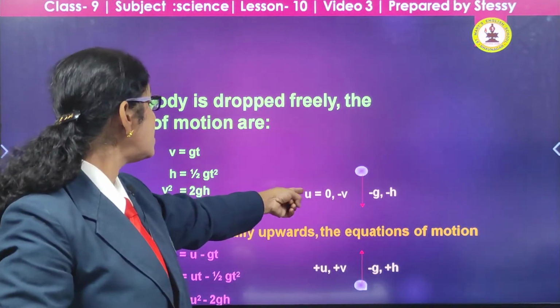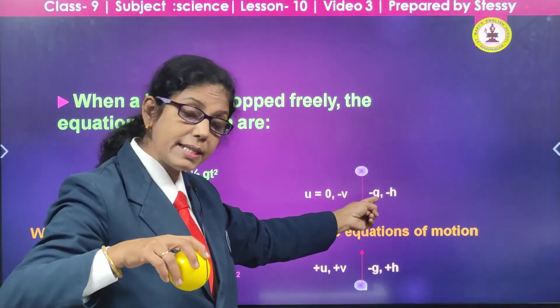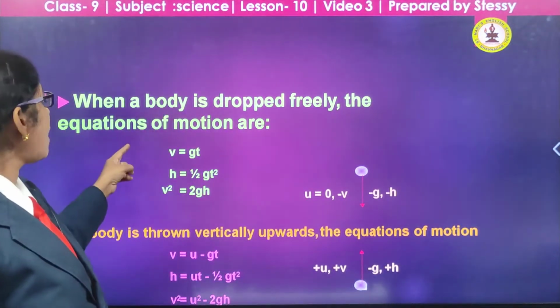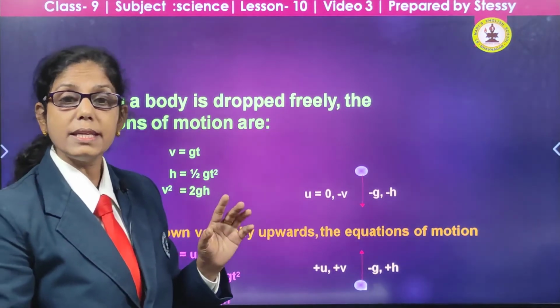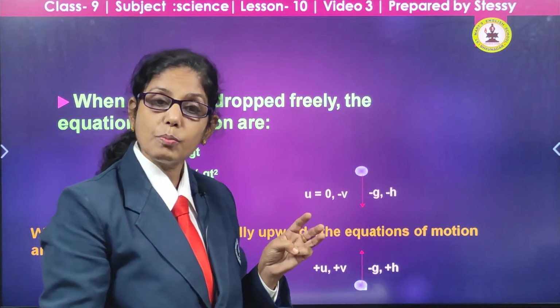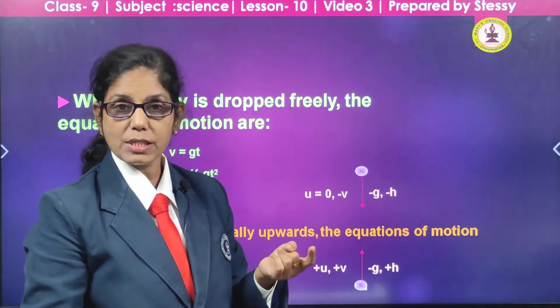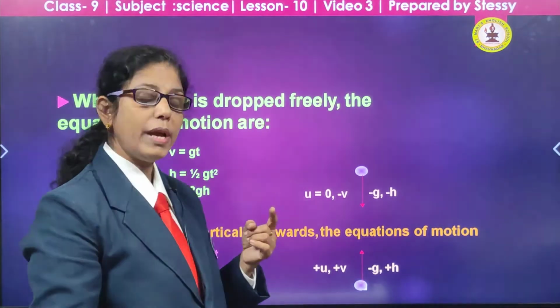So u is equal to 0, v is equal to minus v, a will be minus g and s will be minus h. Substitute these in our basic equations, v is equal to u plus at, s is equal to ut plus half at squared, v squared is equal to u squared plus 2as.